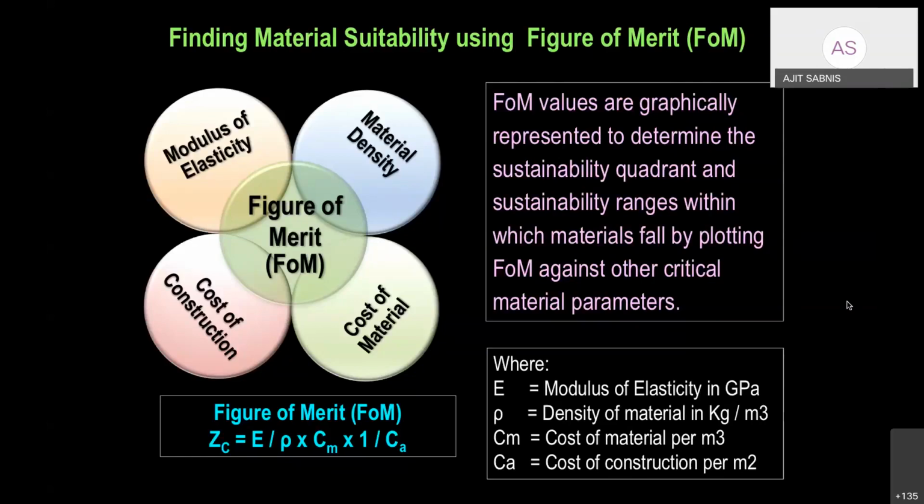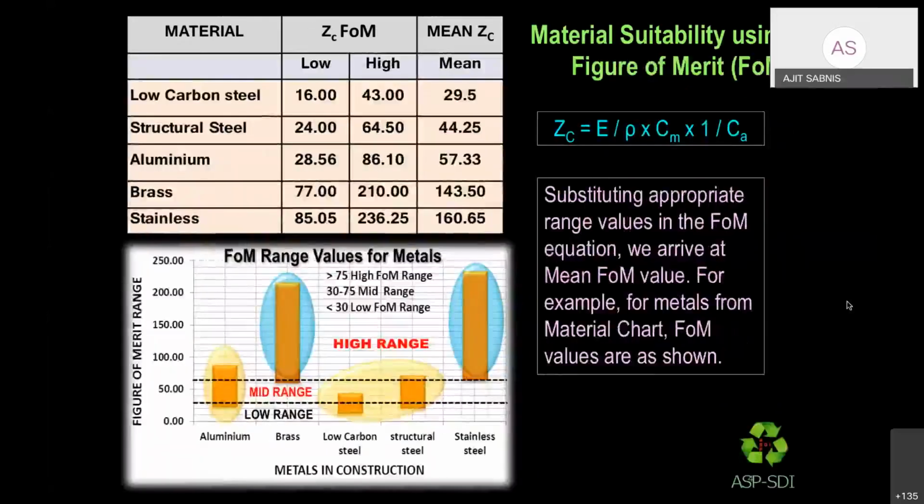And we also saw how the figure of merit, embodied energy and embodied carbon, integrated together, can be put in ranges and classified, for example for a system of formwork, etc.